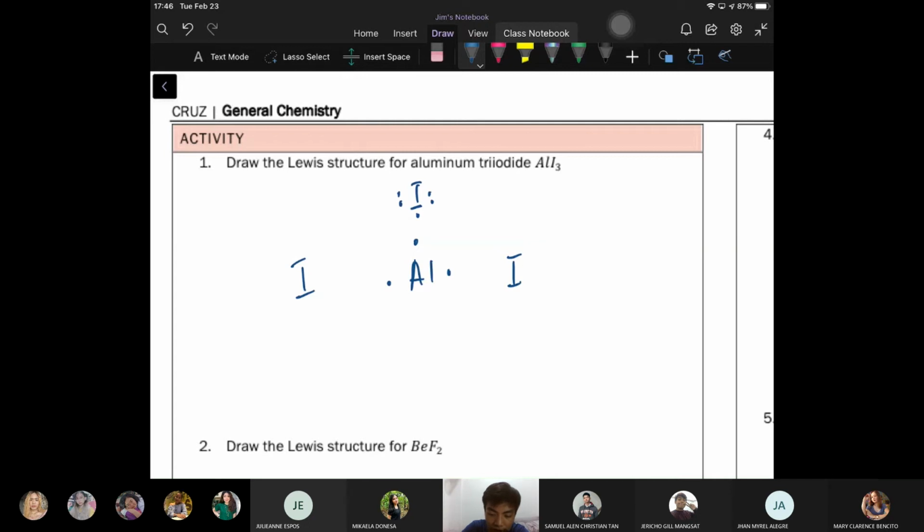Ganun lang yung sagot dito. Draw the Lewis symbol, connect the dots. Kasi siya ay nagfo-fall under incomplete octet category. So you just draw single lines. Okay. So the final structure is Al with 3 iodines around it. So yan na yan. Okay.